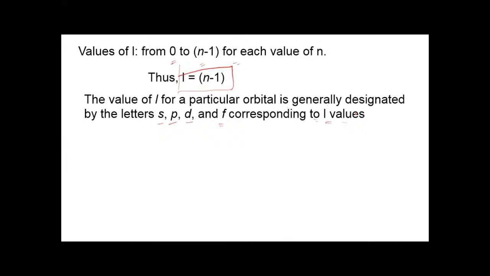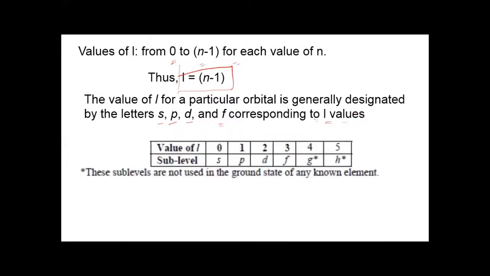Here the value of l and subshell are given. If value of l is 0, then subshell is s. If value of l is 1, then subshell is p. If value of l is 2, then subshell is d. If value of l is 3, then subshell is f.